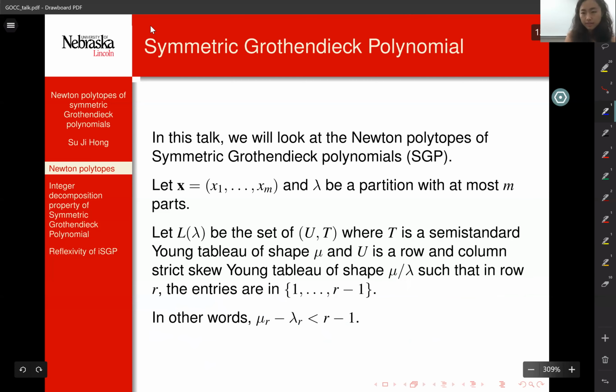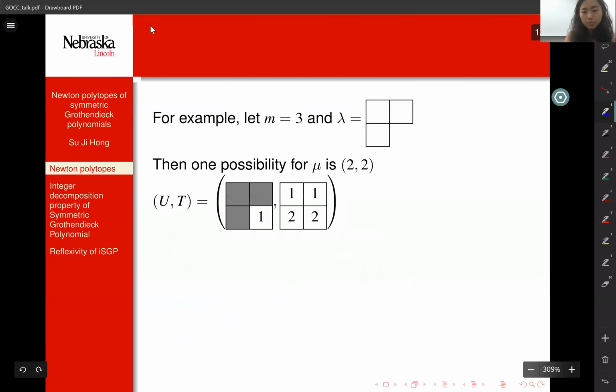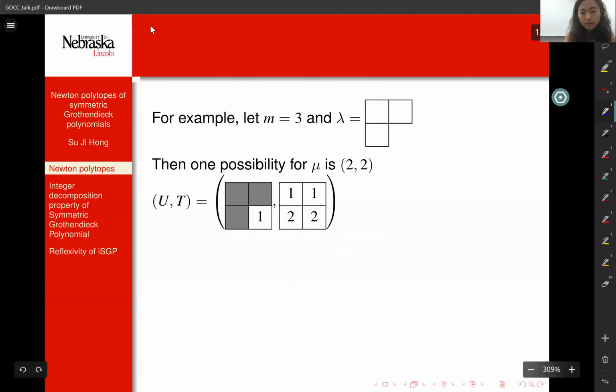So for example, if we let m equal 3 and lambda equal 2, 1, then one possibility for mu is going to be 2, 2. We're basically adding one more box right there. Because this is the first row, we can only fill it with 1, since 2 minus 1 is 1. And this is one possible semi-standard Young tableau of shape mu.